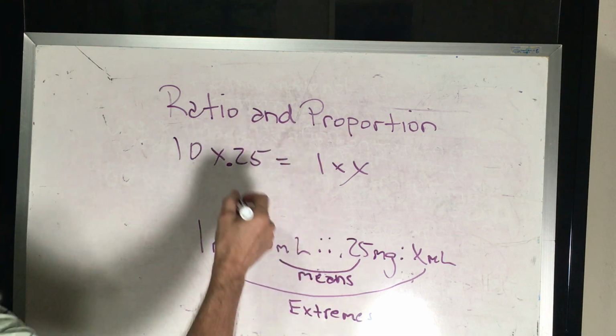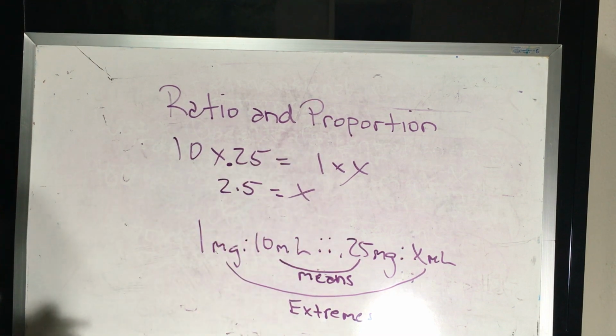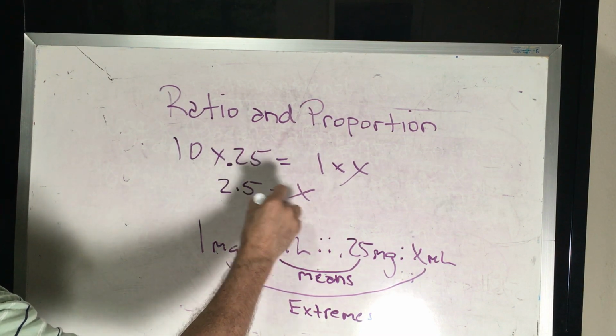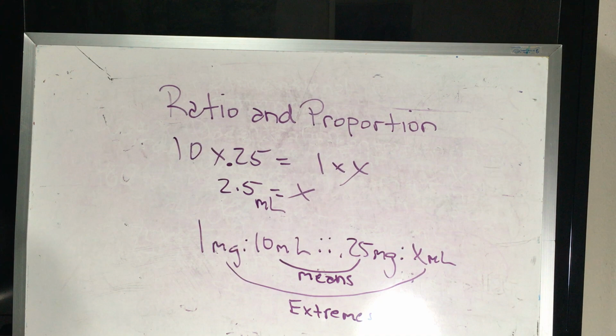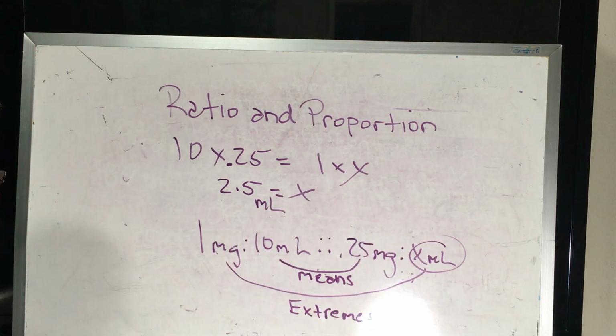I can work it out on a calculator, but I already know that 2.5 is equal to X. So this is how many milliliters I would end up giving. That's what we're trying to determine here, how many milliliters.